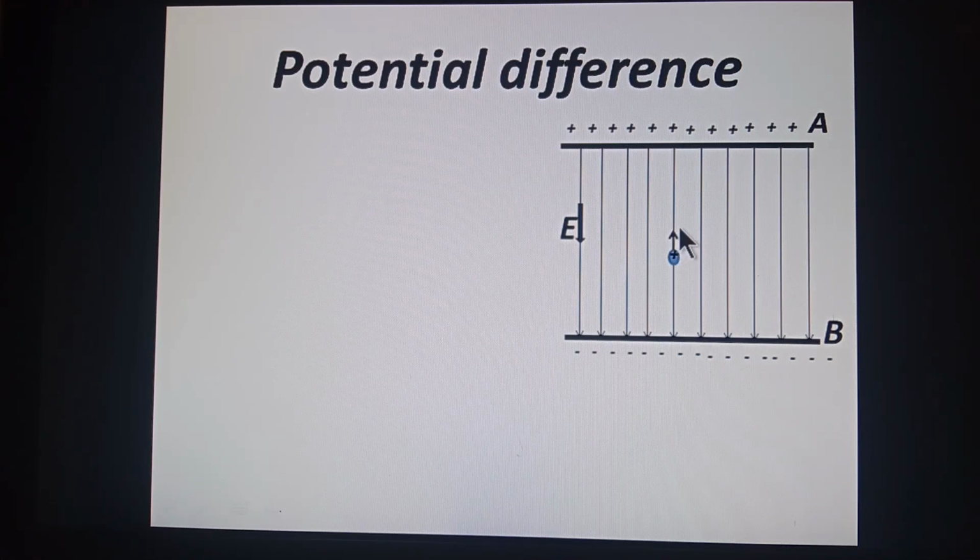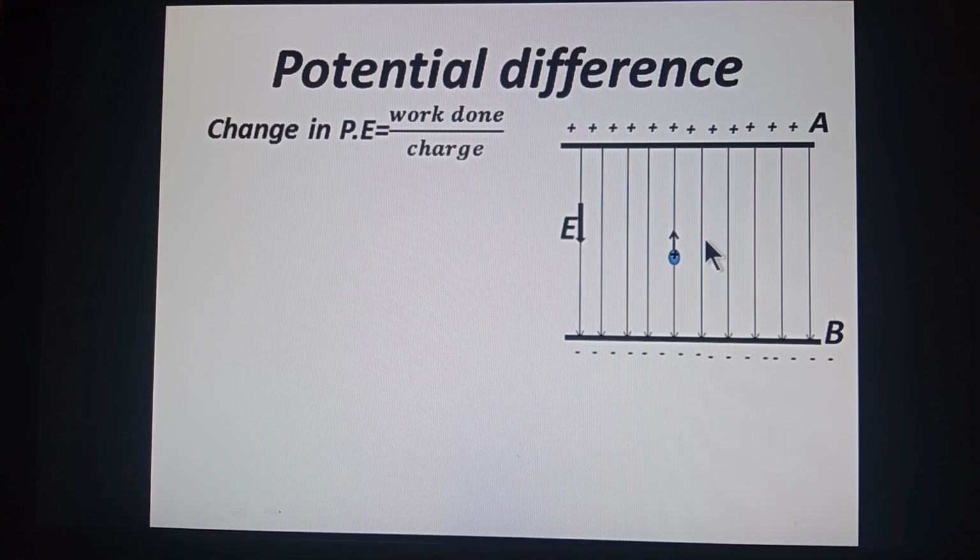When we move the charge, we perform some work on it and this work is stored in the form of electric potential energy. So change in electric potential energy of the charge is equal to the work done per unit charge.